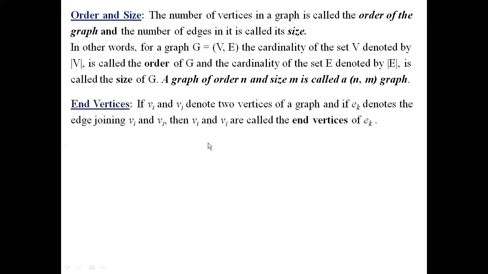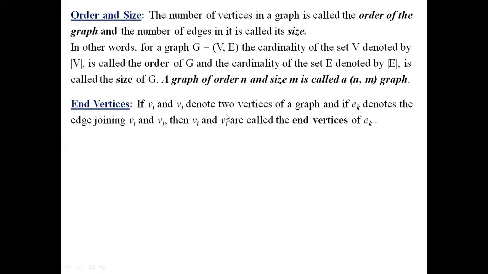End vertices. If Vi, Vj denote two vertices of a graph, and if Ek denotes the edge joining Vi and Vj, then Vi and Vj are called the end vertices of Ek. So suppose I have an edge E which is joined by two vertices V1 and V2.